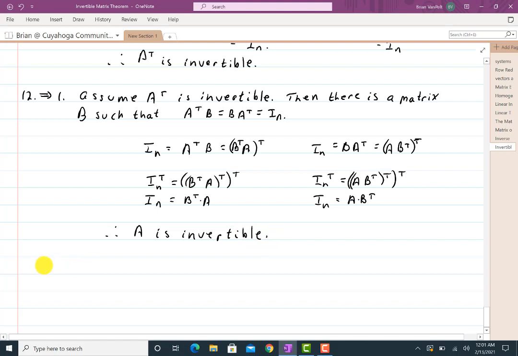And thus we have 1 through 12 are all equivalent.